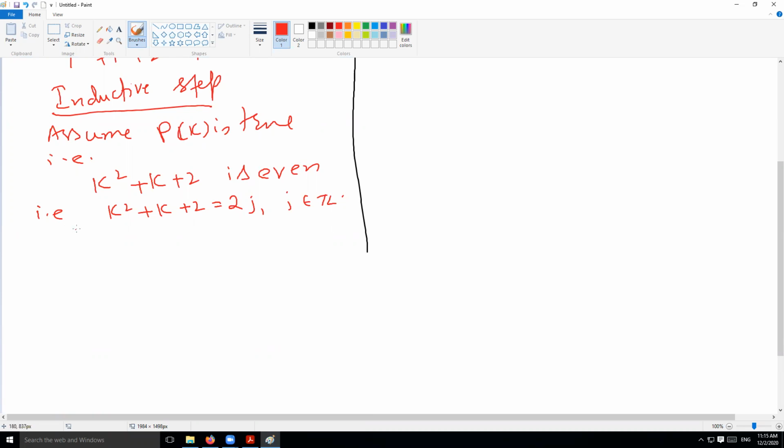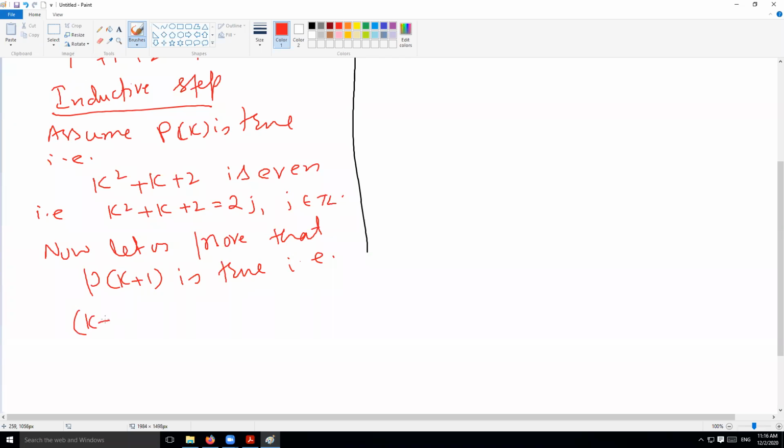Now let us prove that P of k plus 1 is true. That is, what would be the P of k plus 1 statement? That (k plus 1) square plus k plus 1 plus 2 is even.